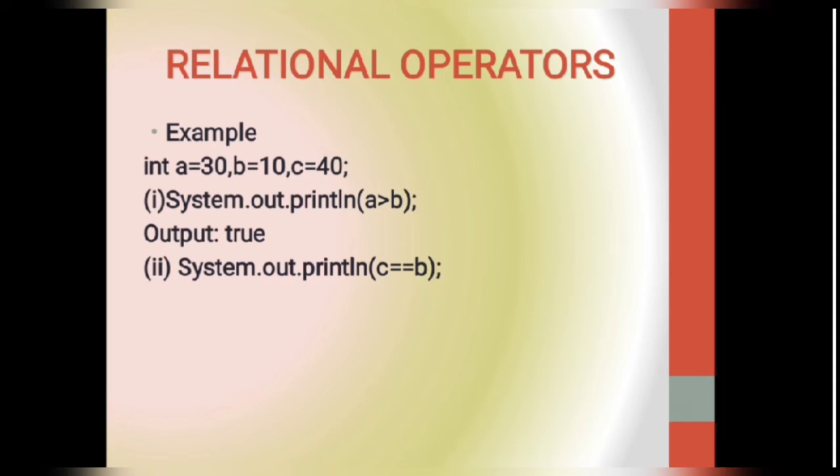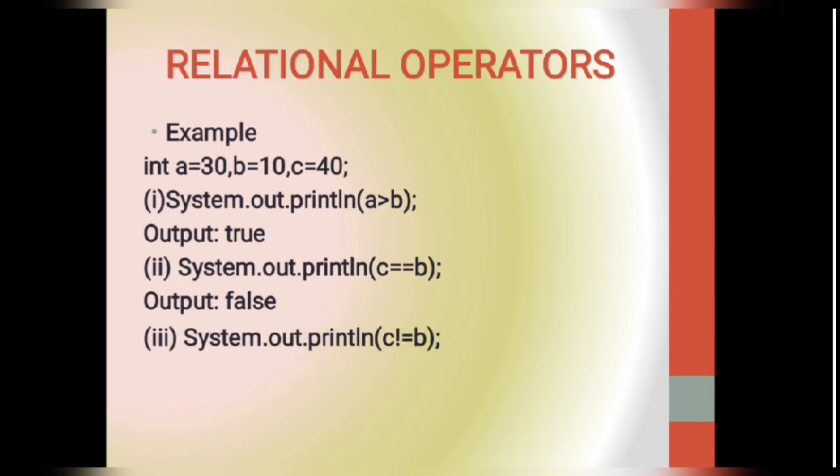The value of c is 40 and the value of b is 10, so both values are not equal, and it returns false. Now the third example, c not equal to b. The value of c is 40 and the value of b is 10, so 10 is not equal to 40, which is true. So you will get a true answer here.